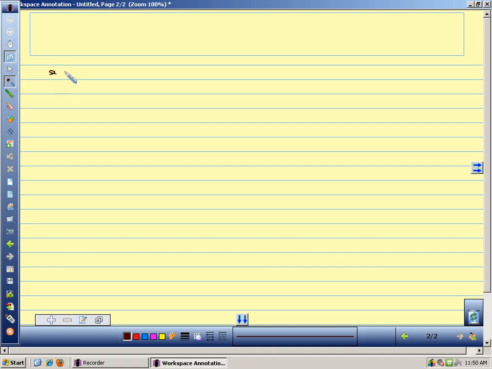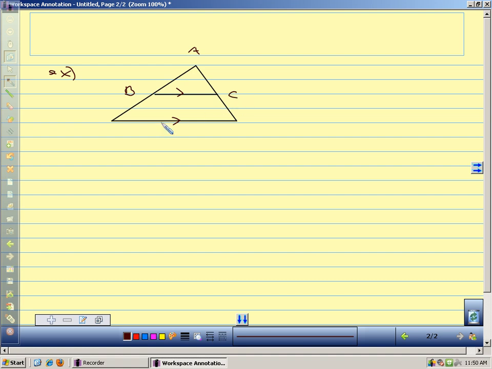Okay, so our example, we have a triangle. So this looks kind of like our opener. Here's our triangle, and we have these parallel segments, and I'm going to label this A, B, C, D, and E. And we know this is 4 and that is 5.